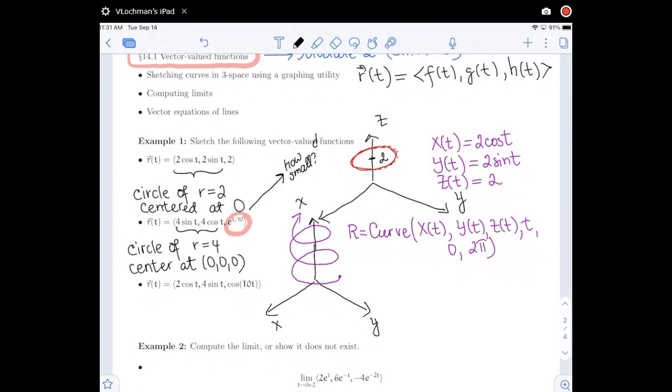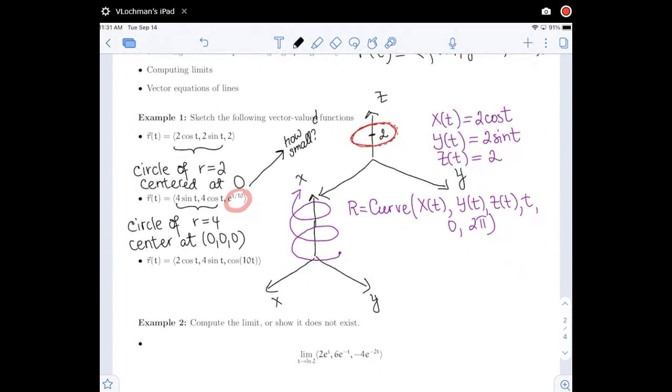Here we have 2 cosine t, 4 sine t, and then the next component is 10, a cosine of 10t. Now if you were to just have this one, 2 cosine t, 4 sine t, what do you think that would look like without the third component?